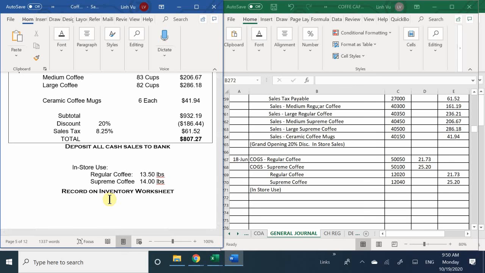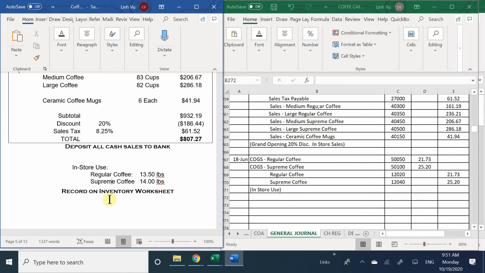Now, question to you. What happened to my coffee mugs that I sold? It is under the periodic inventory.